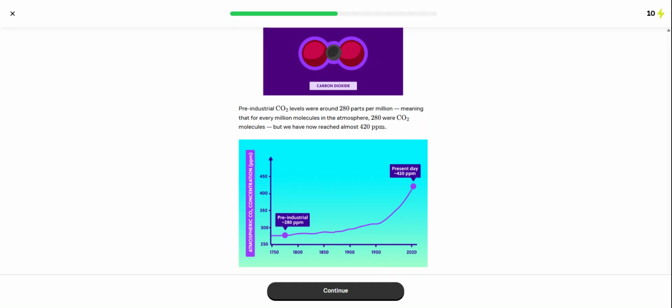But it has tremendously increased, and we have now reached almost 420 parts per million in the 2020s. That is incredibly large compared to pre-industrial times, more than two centuries ago. Here is the comparison between year and CO2 concentration in the atmosphere. Continue.